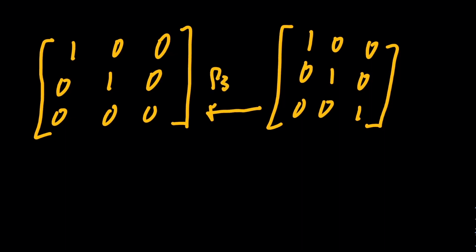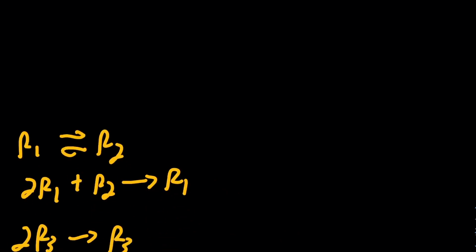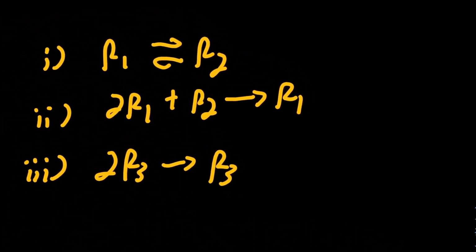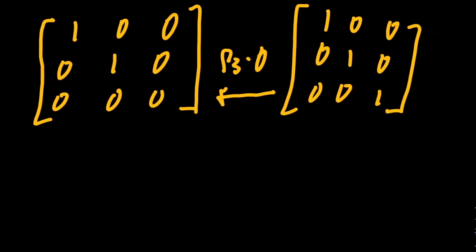Therefore, it's row 3 times 0. However, we established that when it comes to multiplying a row, it has to be by a non-zero constant, which this example violates, and therefore this matrix is not elementary.